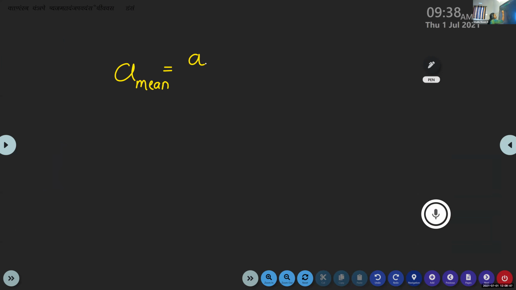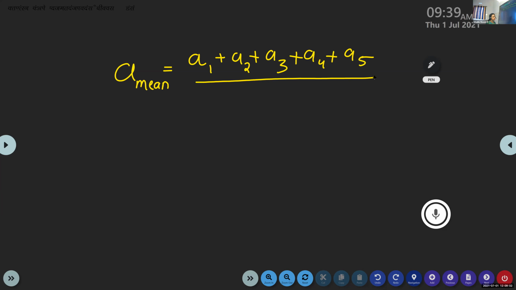So A mean, or the A true value, is equal to A1 plus A2 plus A3 plus A4 plus A5 divided by how many observations are here? 5. Yes, 5.